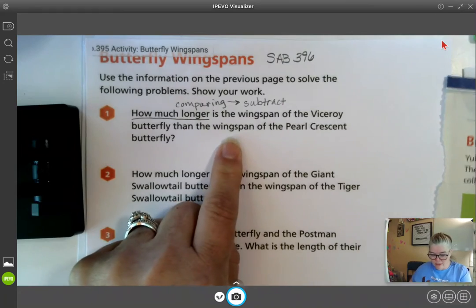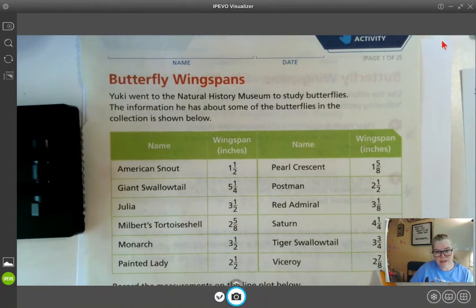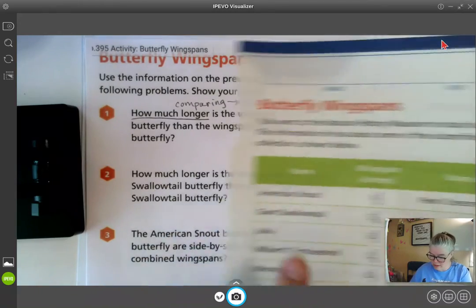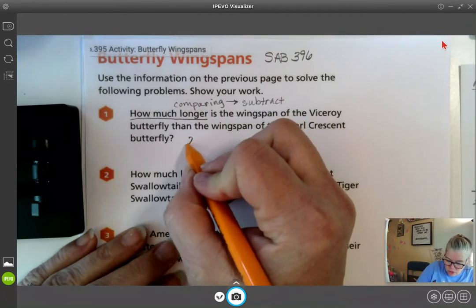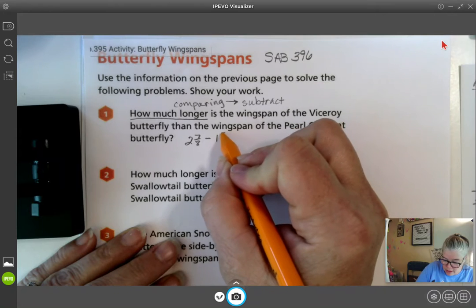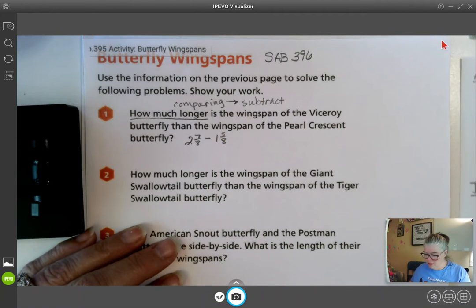So let's see, viceroy butterfly. When I look at my data, 2 7/8 inches is the viceroy, and the pearl crescent butterfly is 1 5/8. So 2 7/8 minus 1 5/8 is the subtraction problem that I'll need to do here.